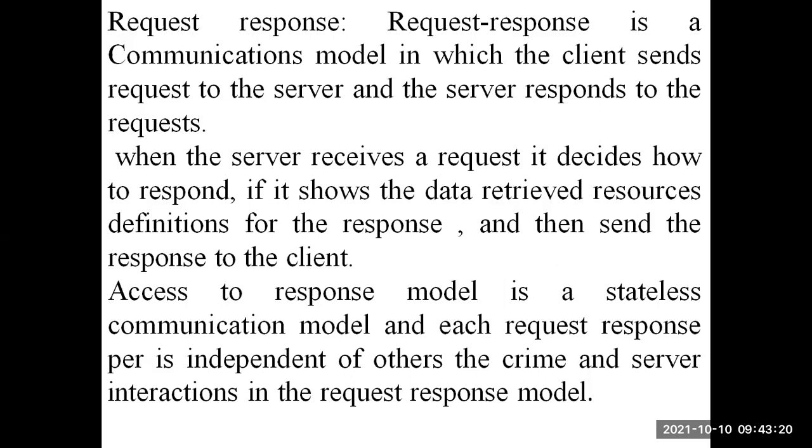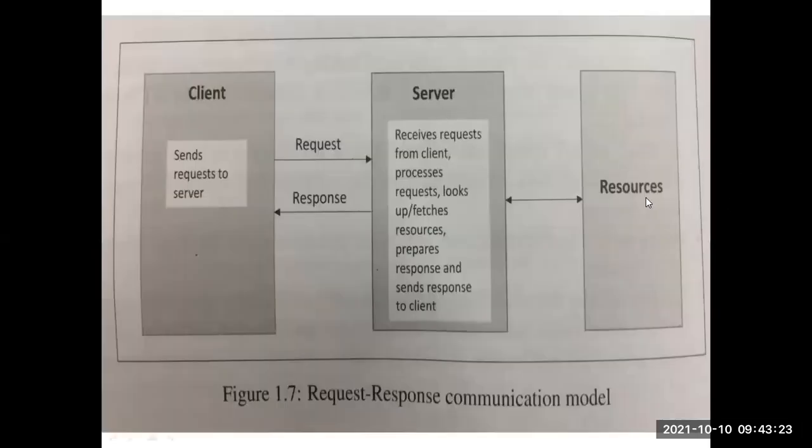The server receives the request from the client, processes the request, looks up and fetches the resource from the memory where the data is stored, prepares a response, and sends the response to the client.